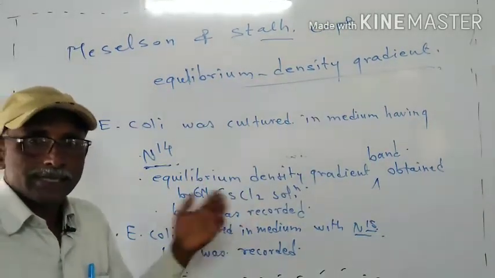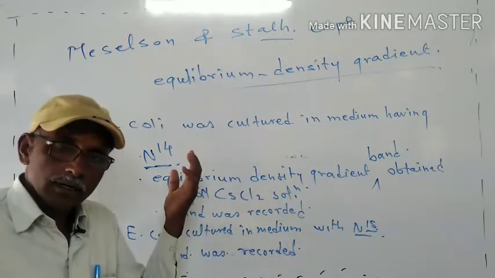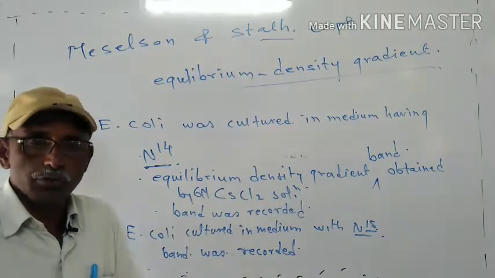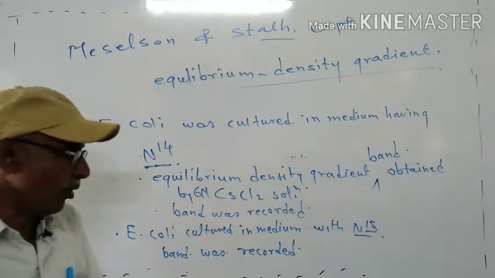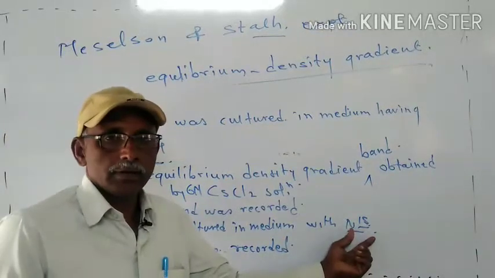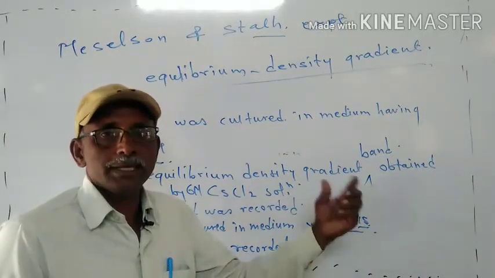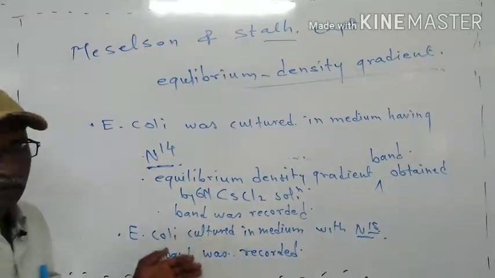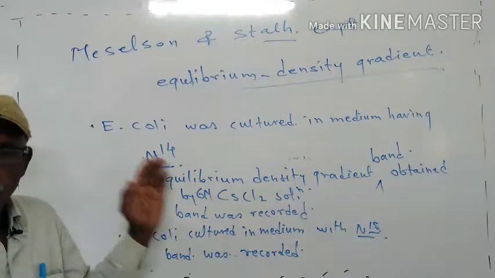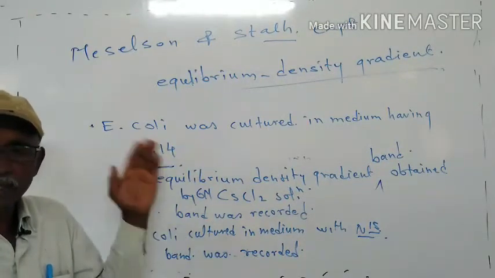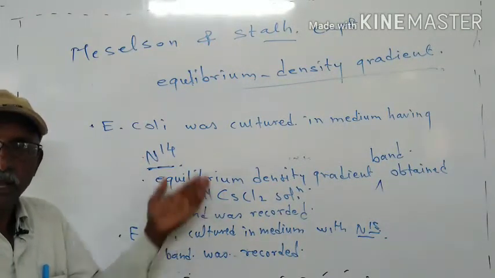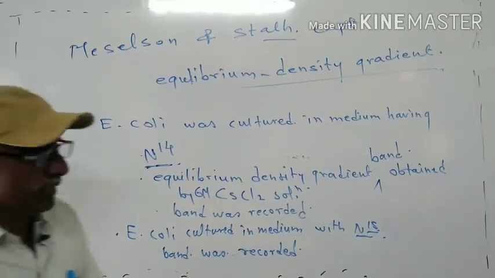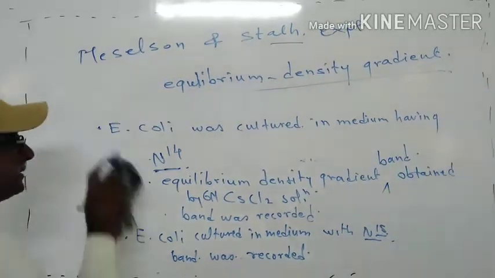The daughter E. coli, the newly formed colonies, will have the N15 nitrogen isotope in their DNA. And by the equilibrium density gradient method, by centrifugation, a band was recorded. Then we will see the next step.